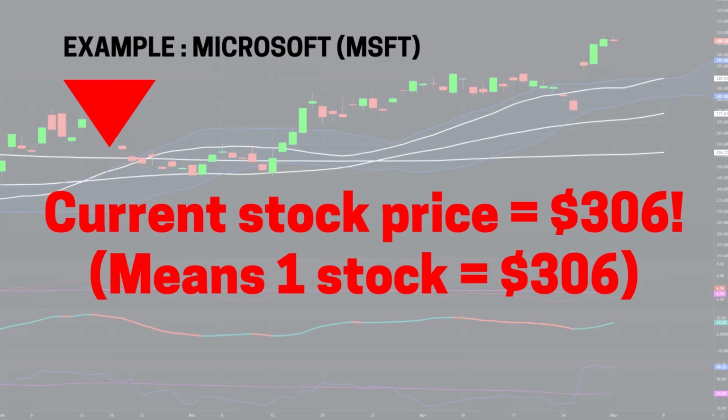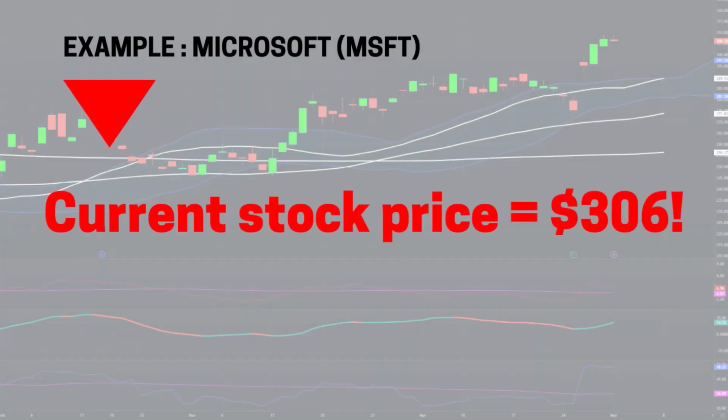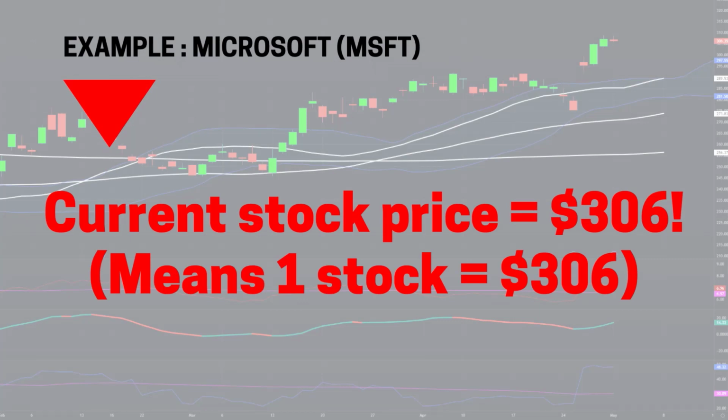Currently the stock price is at $306. That means that just one share is going to cost you $306. That's a lot of money to push out on just one share, and you might think, well, that's not worth the investment. It's not going to move that much on $306 to make me anything. So we've got to think of it slightly differently.